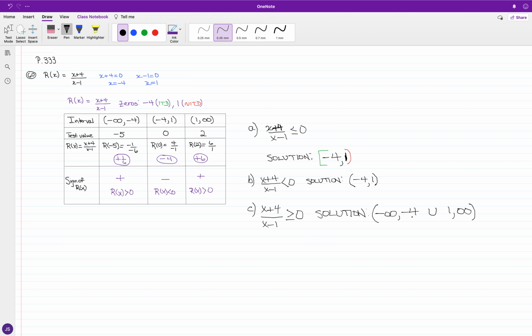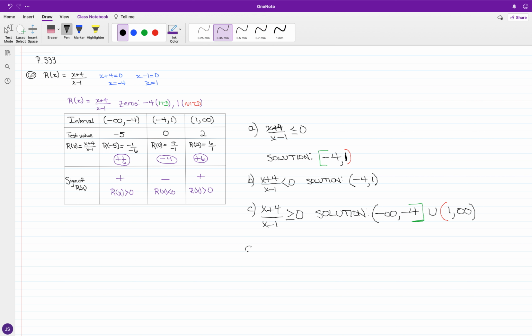With negative 4 and 1, because they have the equal sign here, we could have a bracket in the midst, and negative 4 is in the domain of this function, so the negative 4 causes the function to be equal to 0. Now for 1, on the other hand, it causes the function to become undefined as opposed to equal to 0, so that stays in parentheses.